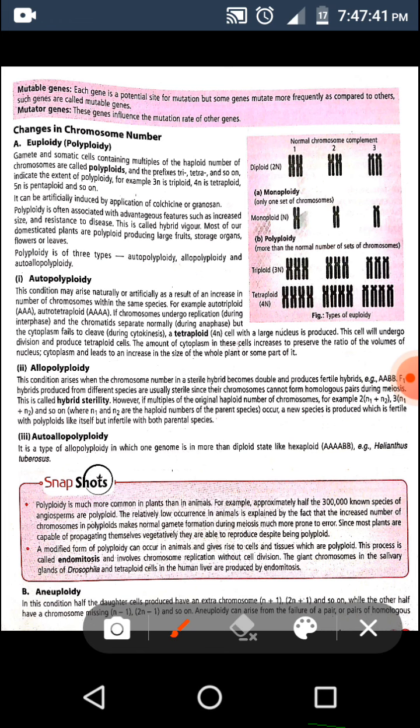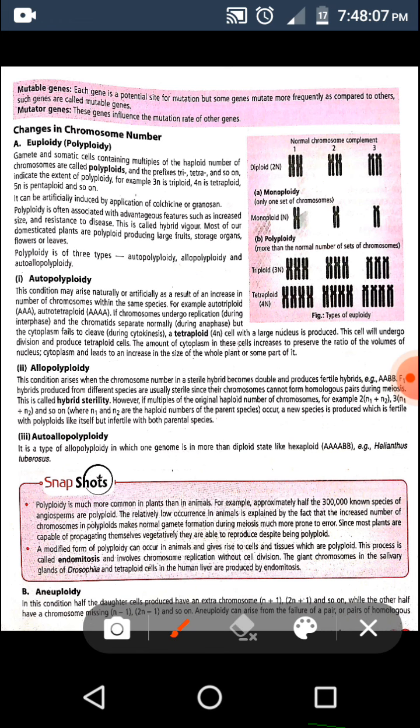There is a multiplication or duplication of the chromosome in a haploid set like 2n, 3n, 4n and 5n, 6n, etc. In the complete set, we are observing changes in a chromosomal number.